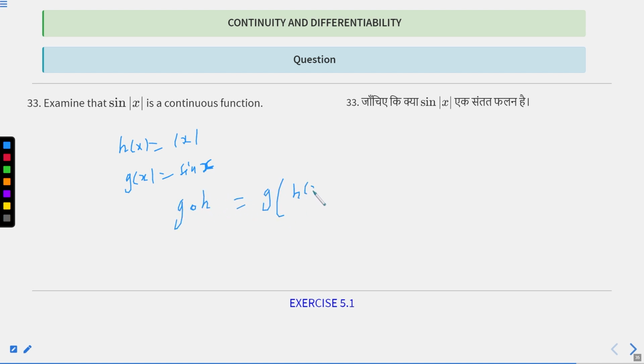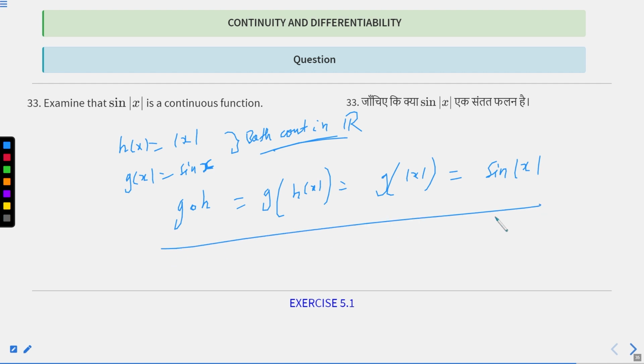This means g of h of x. h of x is just mod of x. g is sin x, so sin mod x. Both are continuous in the domain R. This means this is also going to be continuous by using the theorem of composition of continuous functions. I hope that you are getting what I am trying to say.